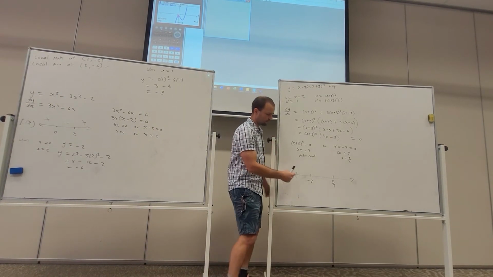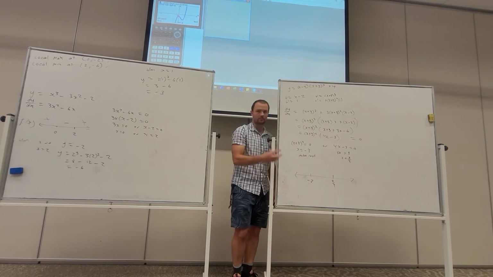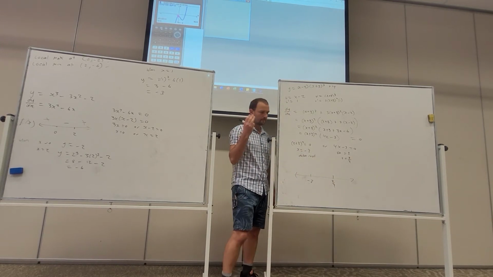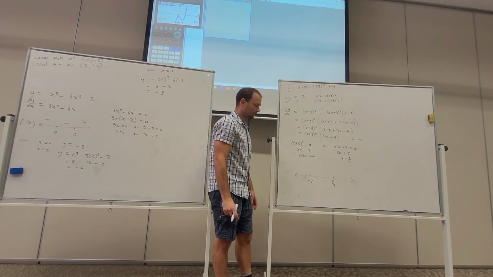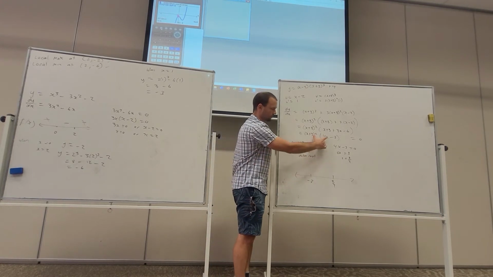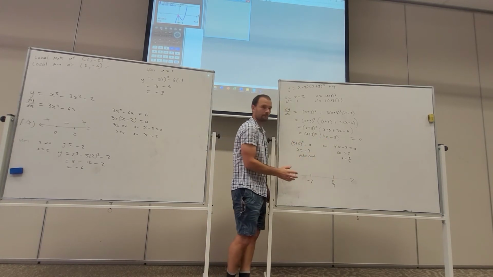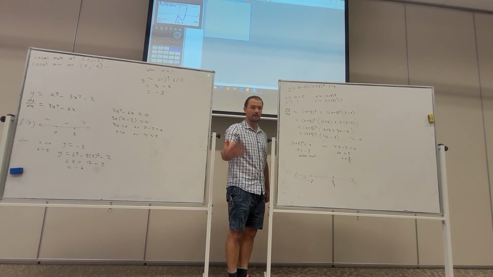From here, when we want to find out when it's positive and negative, I think there's three things we can do at the moment. The first is we can graph the derivative function and see when it is positive and when it is negative. The second thing we can do is make a mathematical argument.